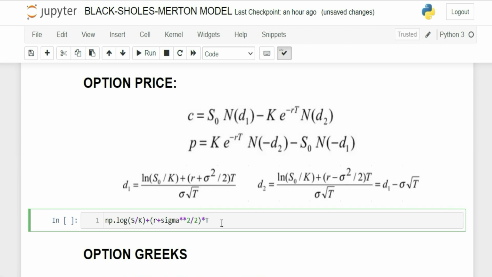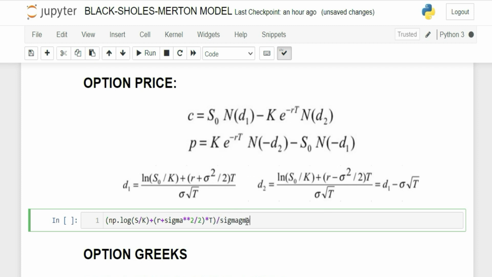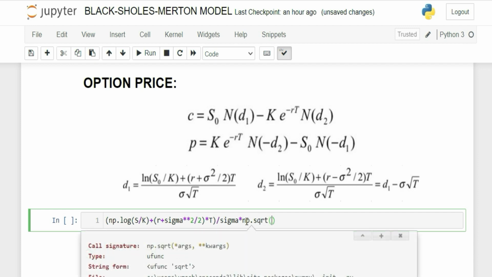Okay, so that whole is divided by sigma multiplied with np.sqrt of t.